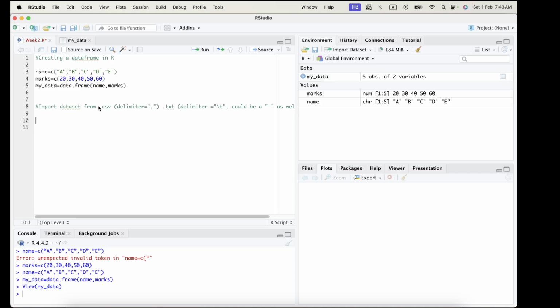So the command will be, let's say this data corresponds to height, so height data will be the name of the data frame I am importing my data set into.